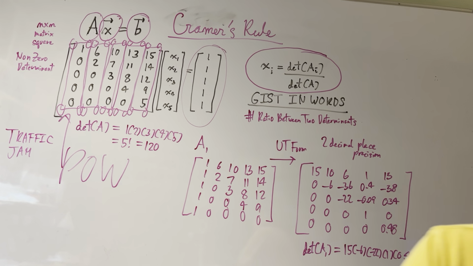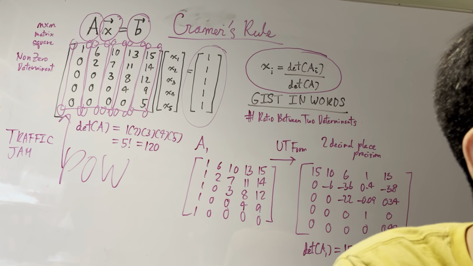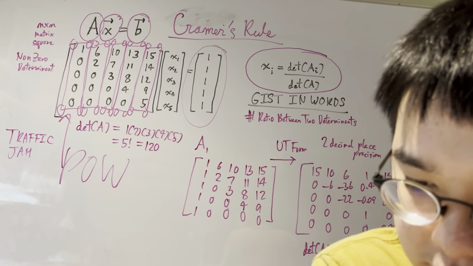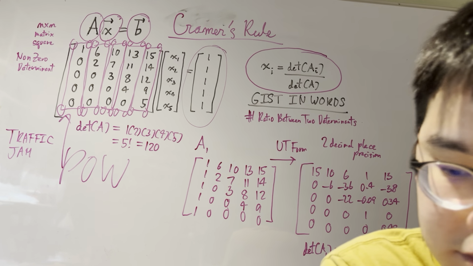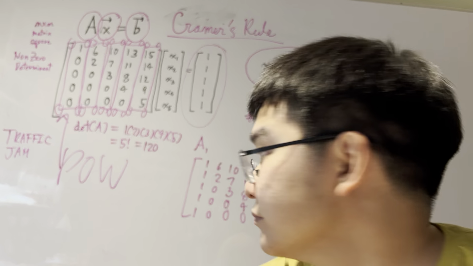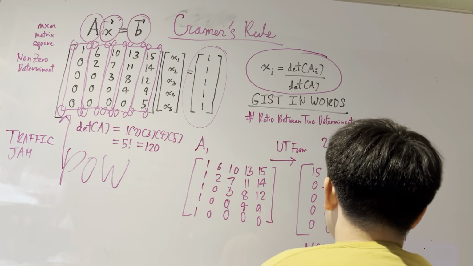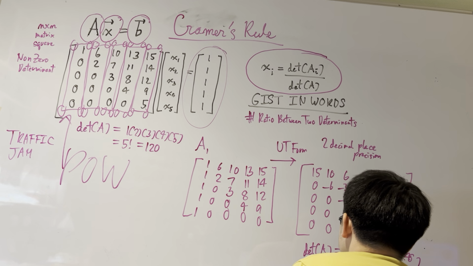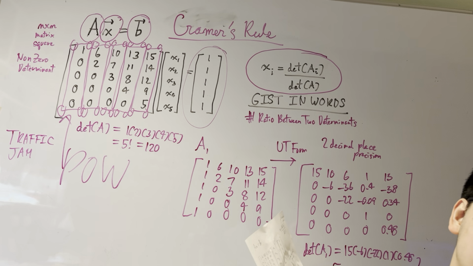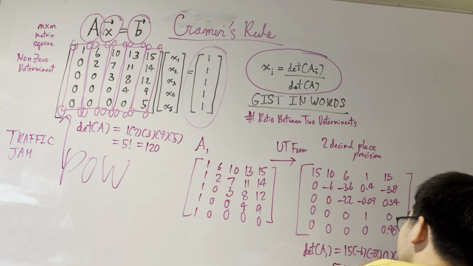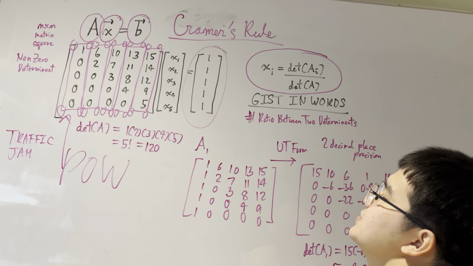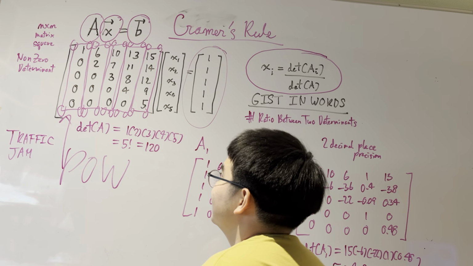Okay, so that rounded to 2 decimal places is around negative 4.19. No, that would round up to negative 4.20.